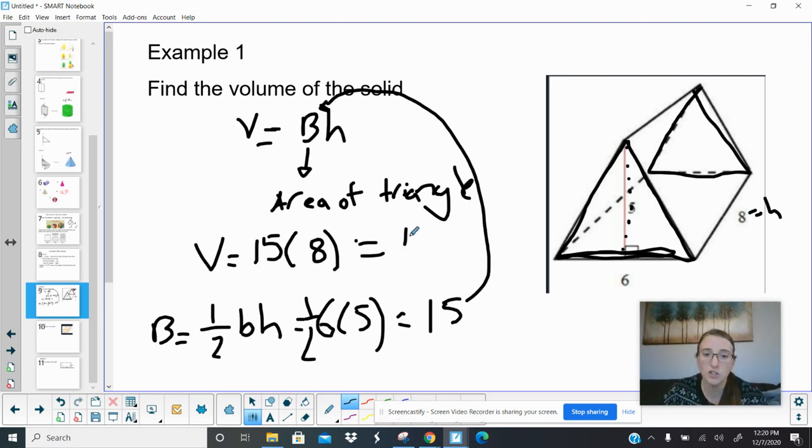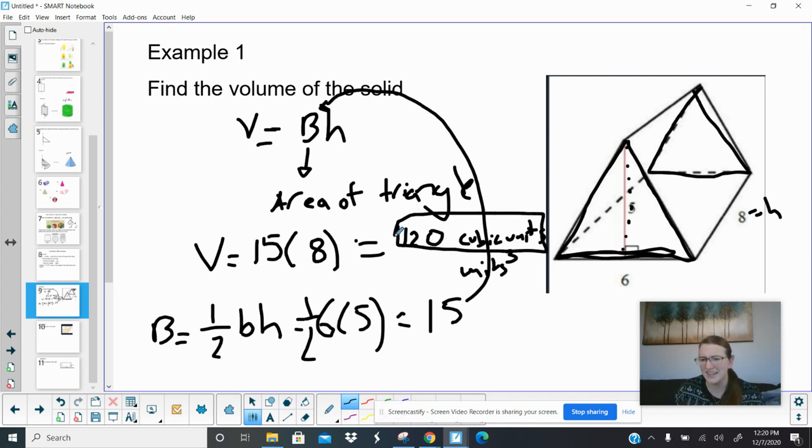We have 120. Now, they don't tell us if this is inches or centimeters or whatever. So we can call this cubic units, because we don't know what the units are. Or you can say units, sorry for my handwriting here, cubed. But that's our answer. Again, if it said inches or centimeters, we would need to kind of include that, but that's okay.